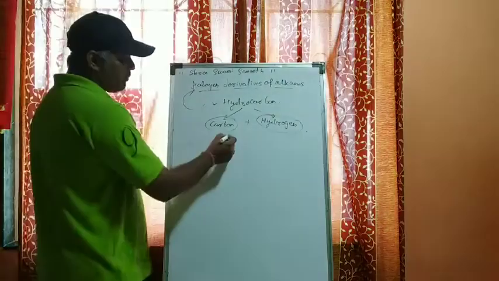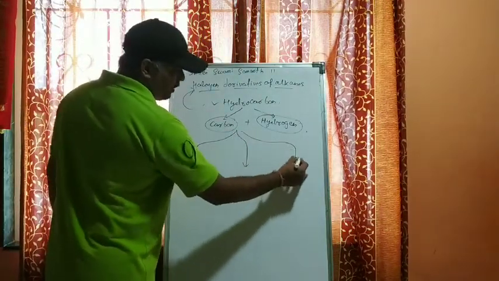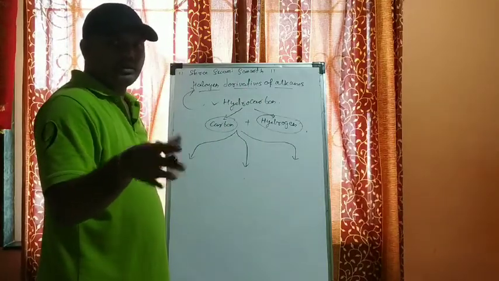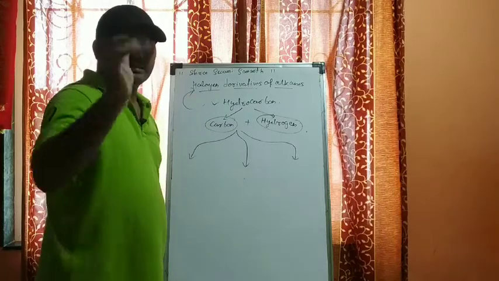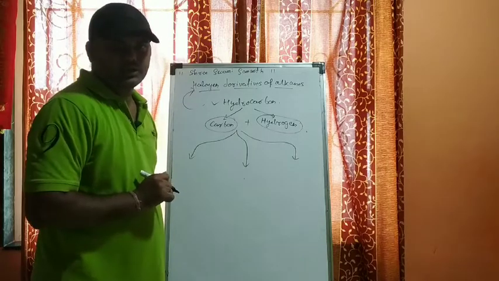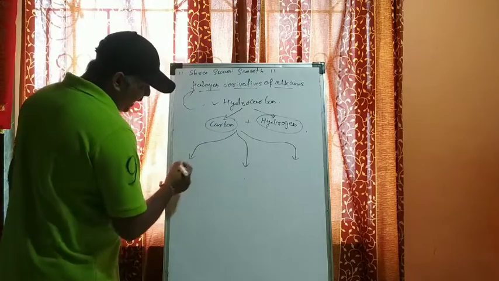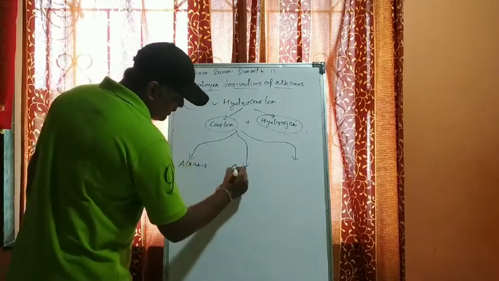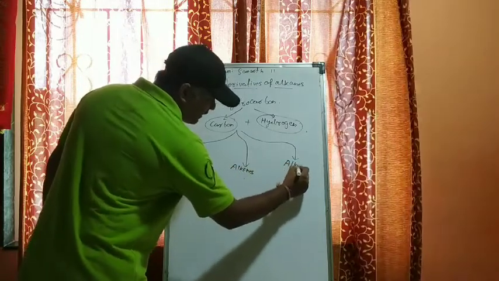Now hydrocarbons can be classified into three types. You already know it, but I want to repeat it once again so that the concept of hydrocarbon will be very clear. If the concept is clear, we can proceed further for the halogen derivatives. Hydrocarbons are classified as alkanes, alkenes and alkynes.